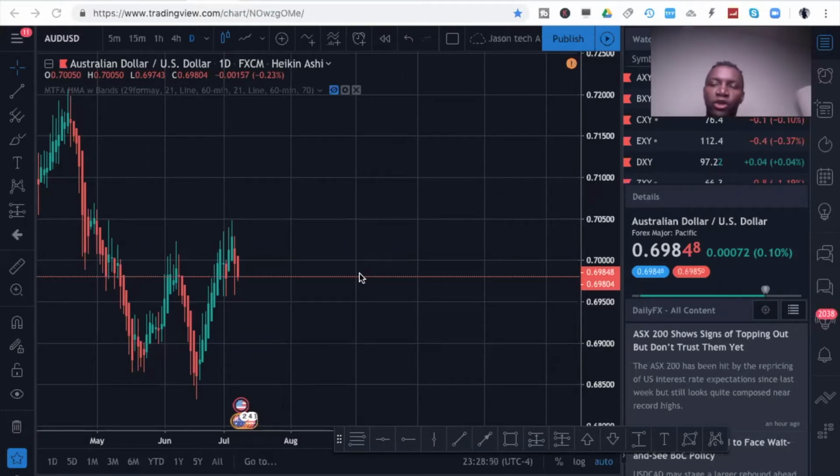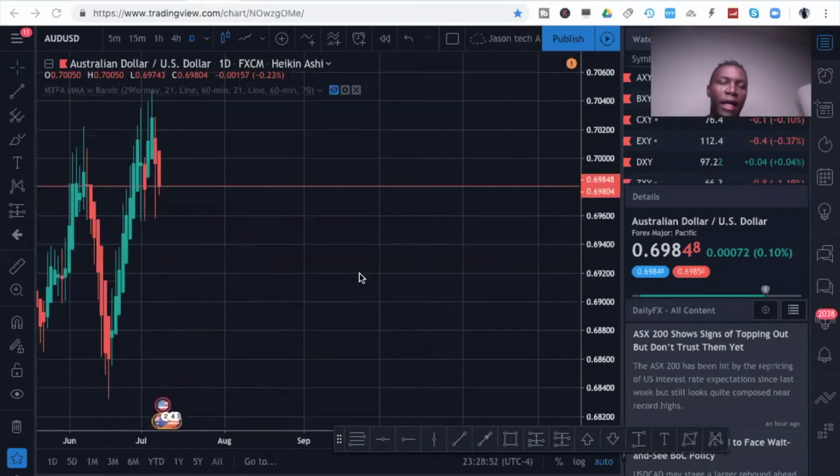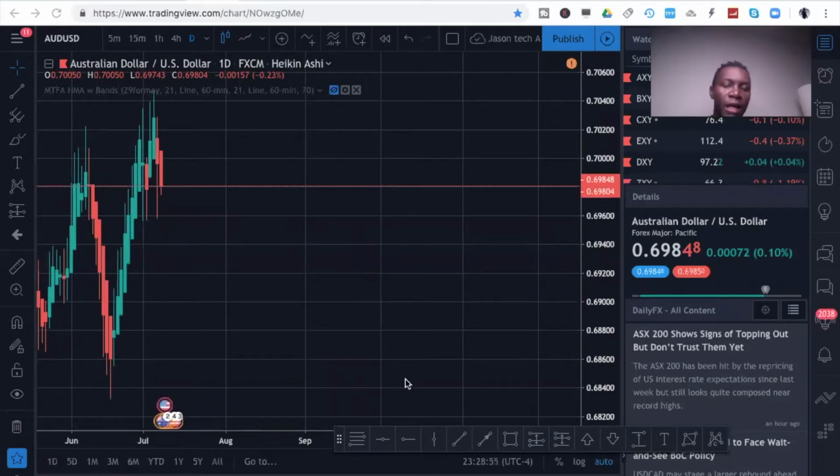So a lot of traders go ahead and use a lot of trend lines and things to mark up their charts. And basically, they're marking up their charts on every movement. So they're looking for a trend, and then they mark the supply and demand.